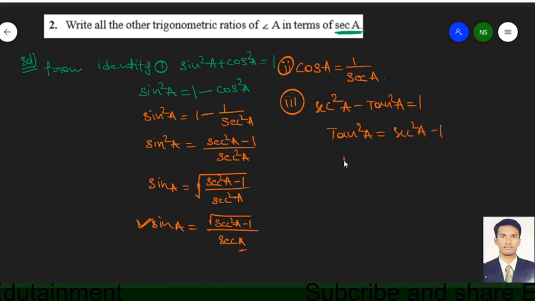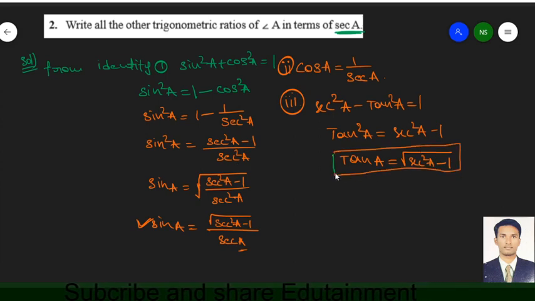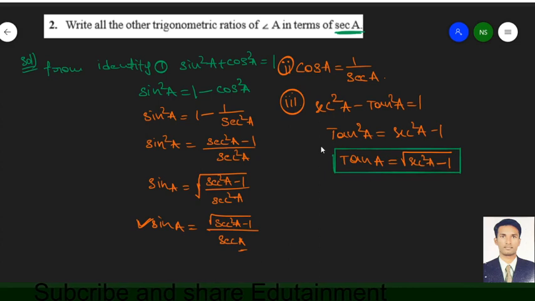We want only tan A. Tan A is equals to under square root secant square A minus 1. So we represented here tan A in terms of secant. Then coming to secant, however, it is secant only.